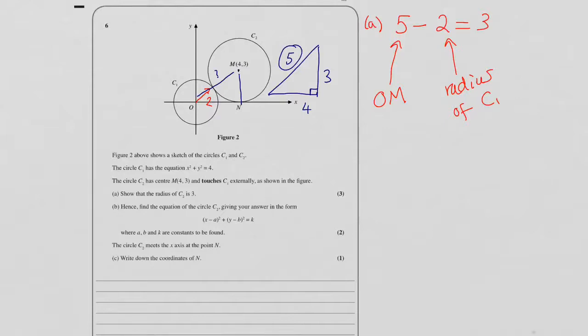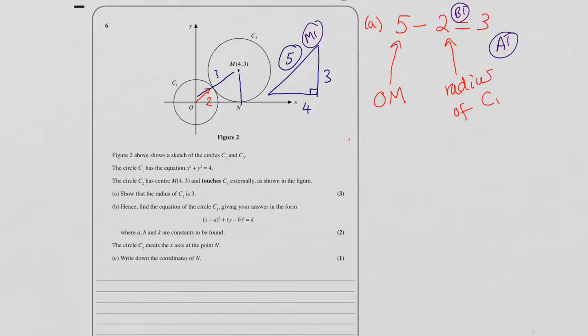And the marks awarded, you get 1 mark for working out that distance 5 there. You get a B1 mark for just stating that the radius is 2. And then you get 1 mark for trying to do this kind of calculation over here. Okay, so 3 marks there.